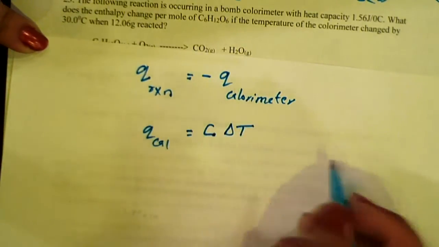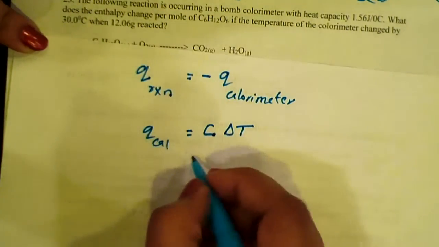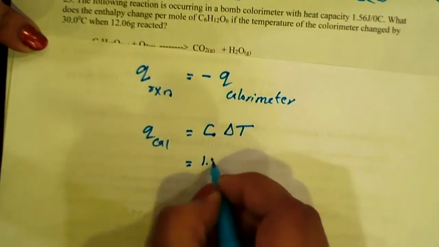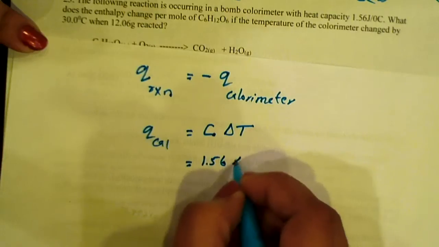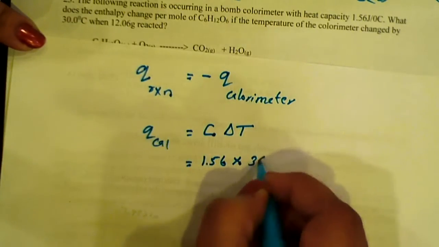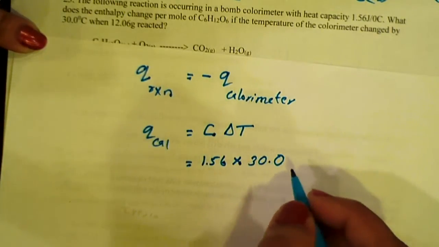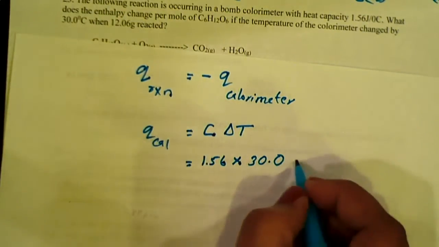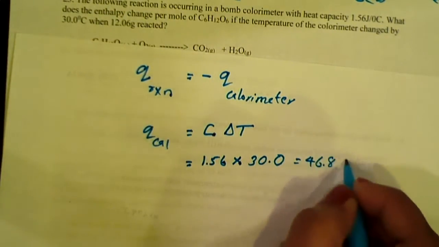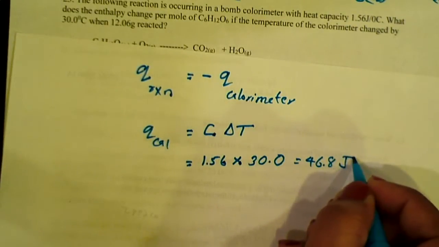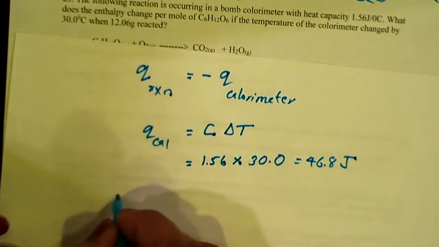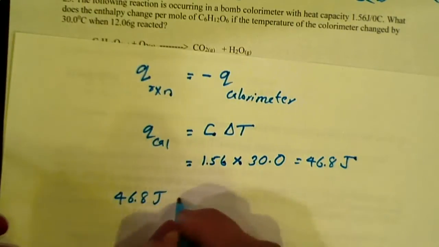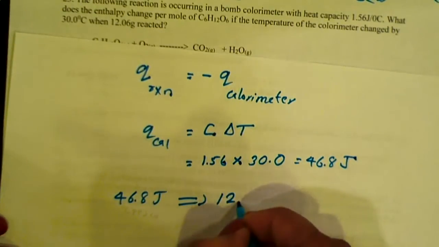So for the bomb calorimeter, the equation will be Q reaction equals negative of Q calorimeter, and Q calorimeter equals heat capacity of calorimeter times change in temperature.